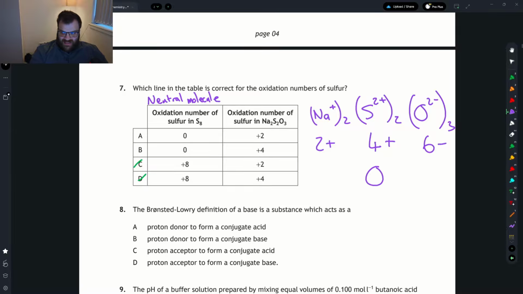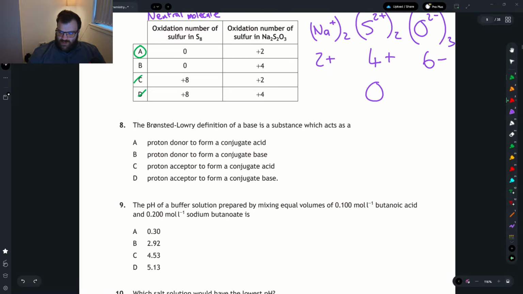So our correct answer here should be A. If, as one of the options says, this was 4 positive, then this would give you a total of 8 positive. Then you would end up with 10 positive and 6 negative, giving you overall 4 positive, which is not what we see up here. So because the overall charge has to equal 0, 2 positive on sulfur would have to be correct there.